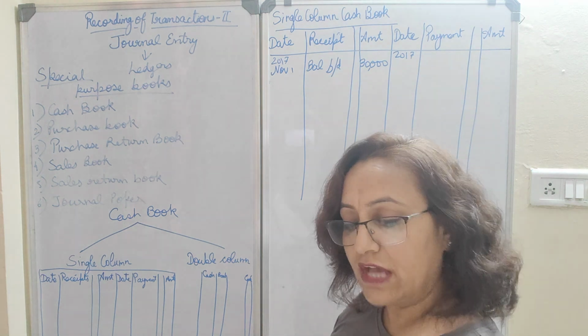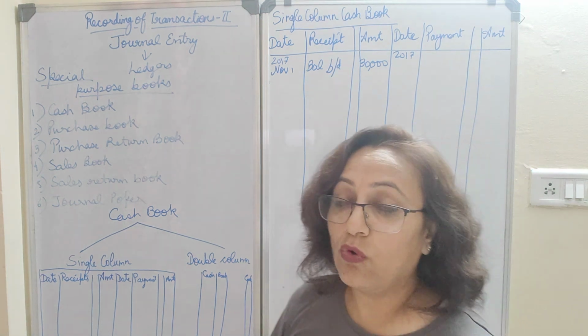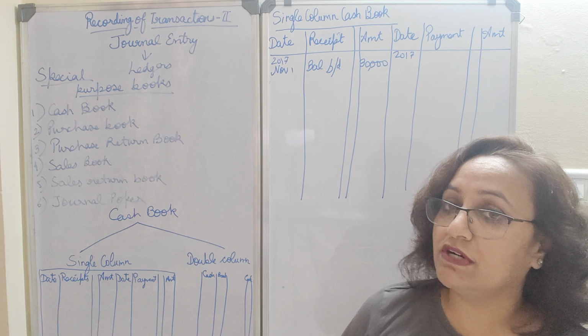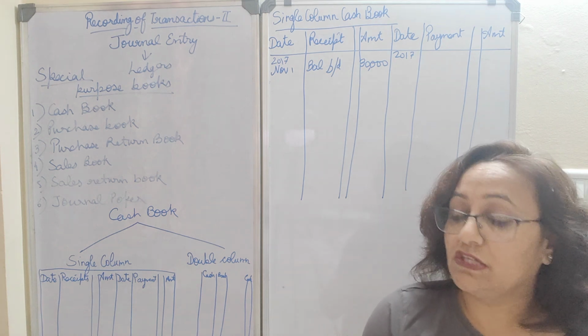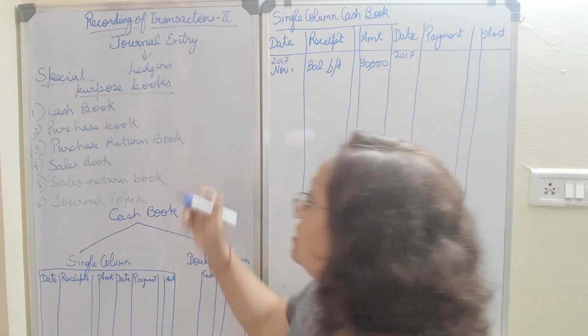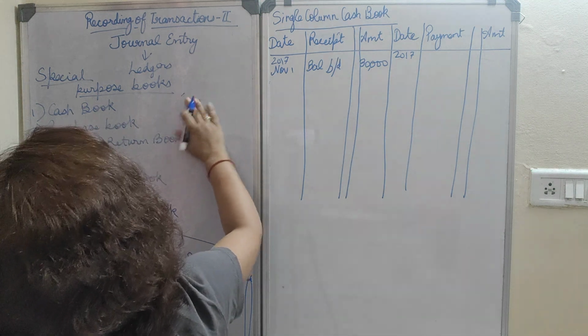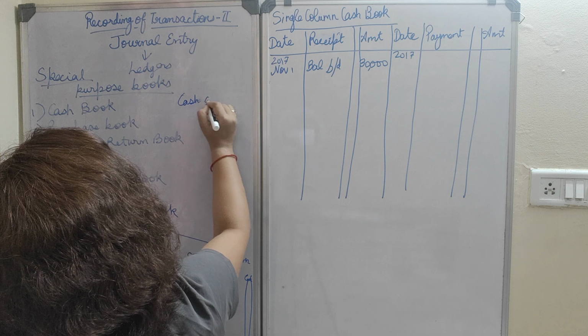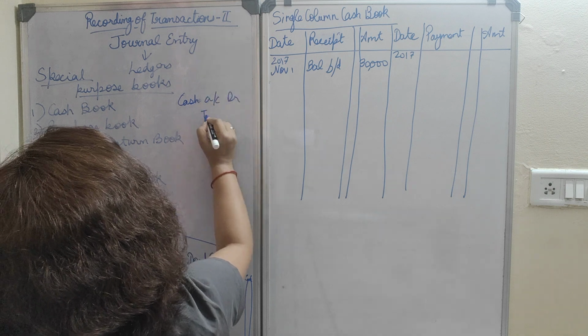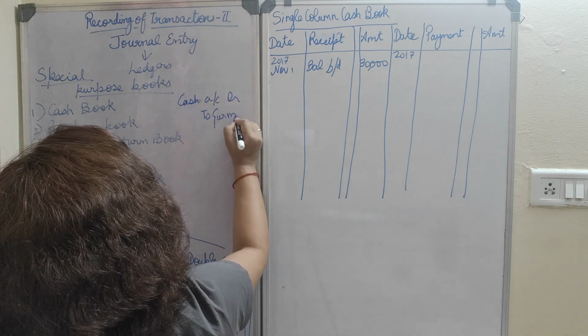Now after this, cash received from Gurmeet. Over here, the journal entry was the first step. We have to see, cash received from Gurmeet, what will be the journal entry? Cash account debit to Gurmeet, right?